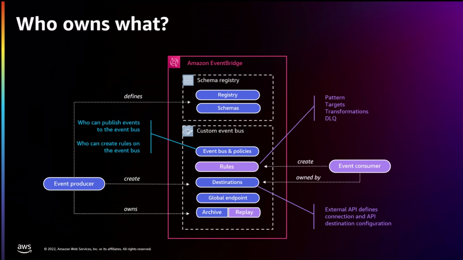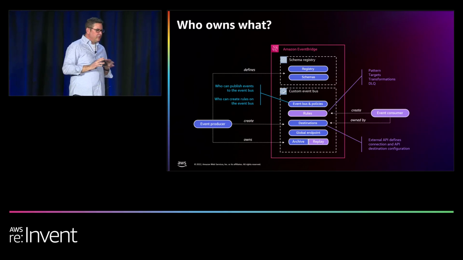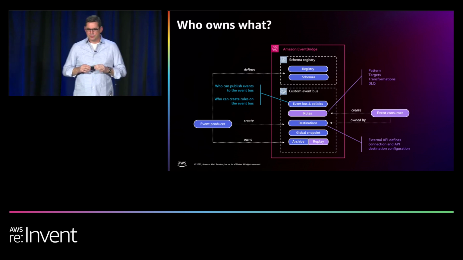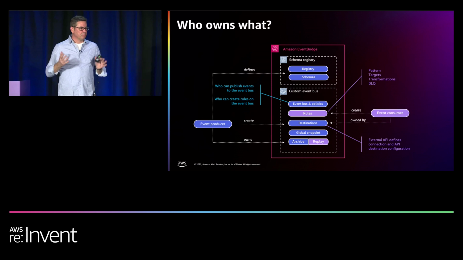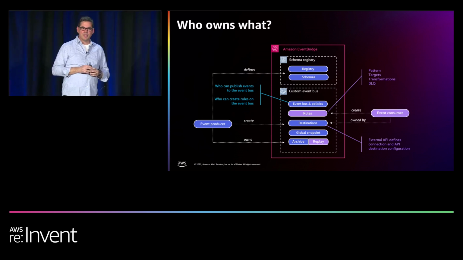So now, how do we map these responsibilities of event producers and consumers to EventBridge service capabilities? Well, this may vary slightly depending on the type of topology that you choose to implement and who owns the event bus. But fundamentally, most of the responsibilities that a producer has happen even before an event is sent.